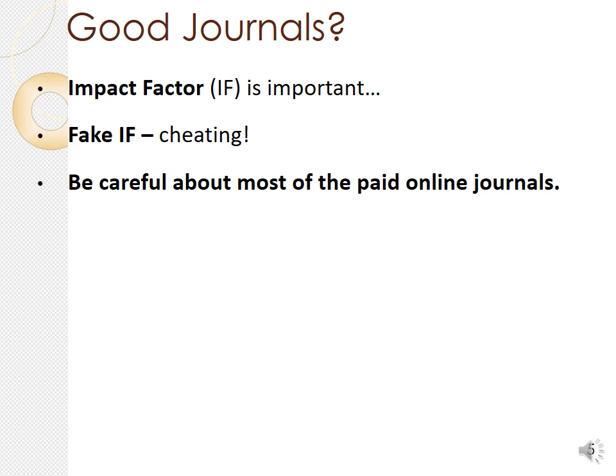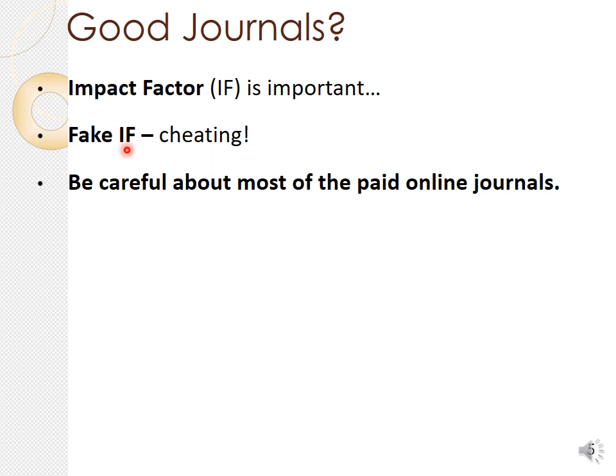Impact factor is important, but unfortunately there are cheaters in this domain who make fake impact factors. If you find a journal from a new publisher, and the journal is also new and doesn't look good, but if you look at the website, you find that they mention IF 4.8. Wow, how is it possible?